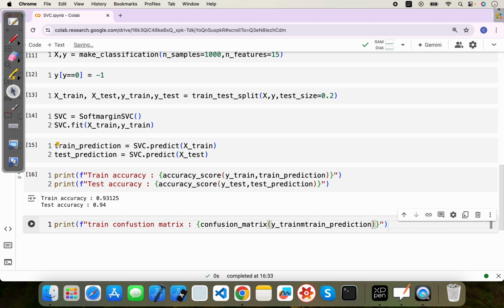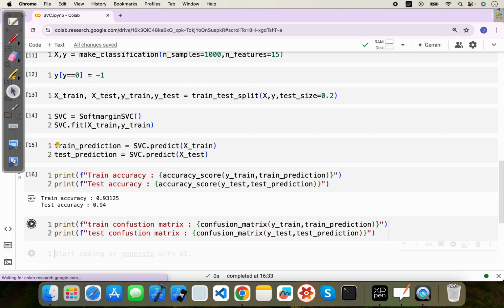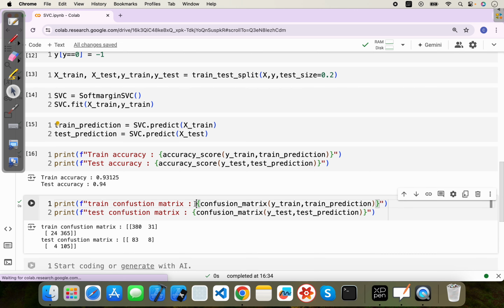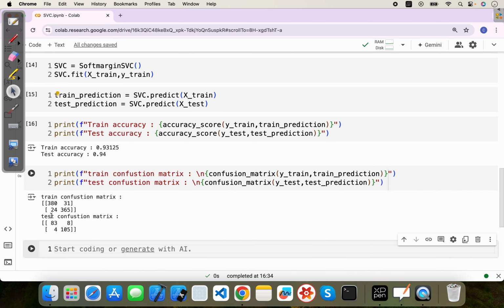Okay, so let's do it for testing as well. Let me correct this. Yeah, so y_test and test prediction, right? Okay, let me write it this way, it would be better. So let's check it out. Here we see the confusion matrix is also good, right? Not bad.